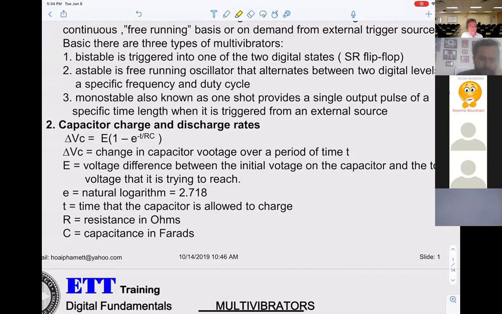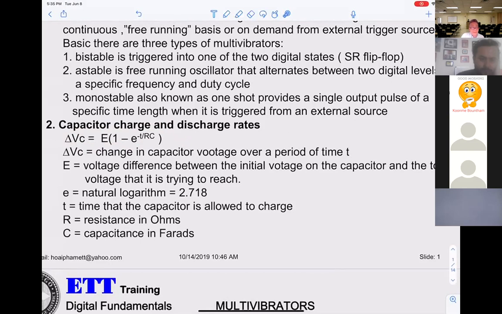And now we go into a little more detail to do the calculation. If you want to calculate the voltage charging on the capacitor, then you use this formula. Delta VC equals E times 1 minus e to the power minus T over RC. Only two formulas will be used, okay? Delta VC, what does that mean?